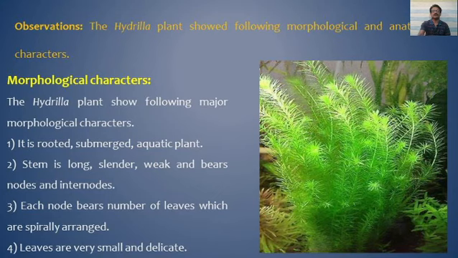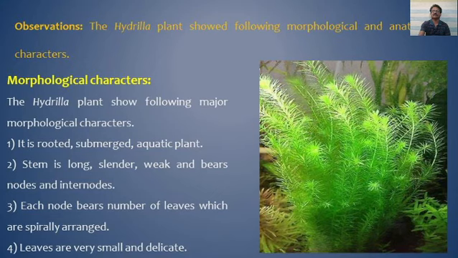Now you observe here that the stem is long and slender, it is weak, and it bears nodes and internodes that you will find later. These are the weak, slender stems coming from the underground root. The root system is not that well developed.